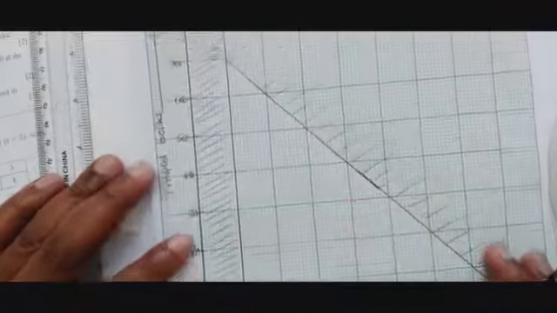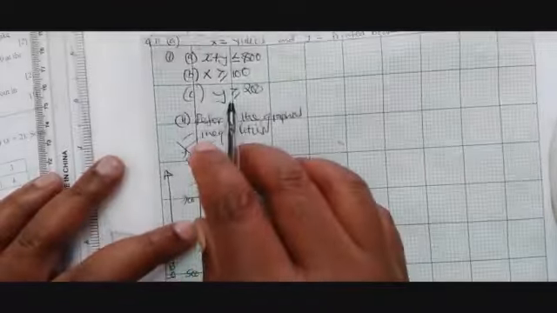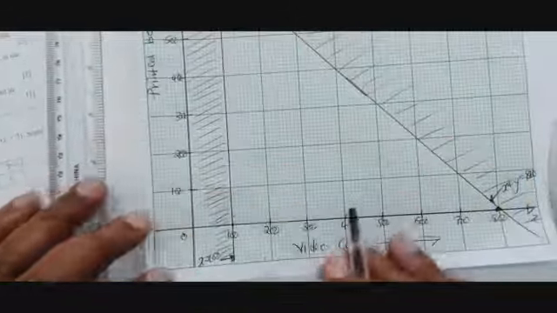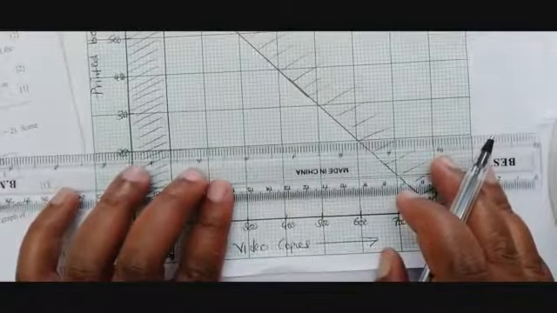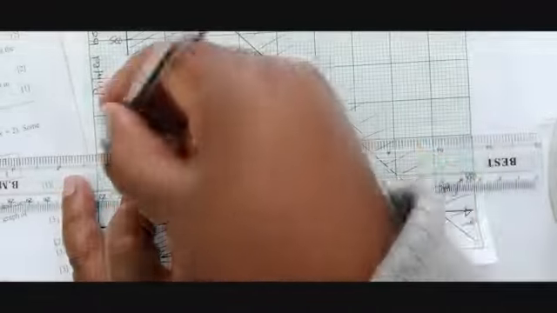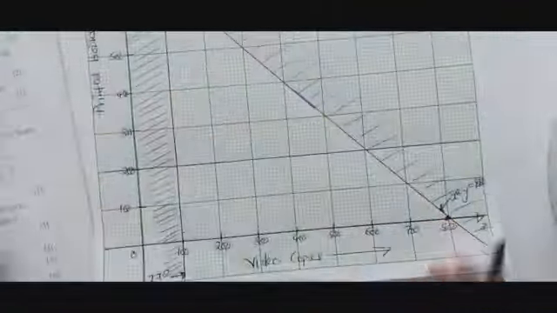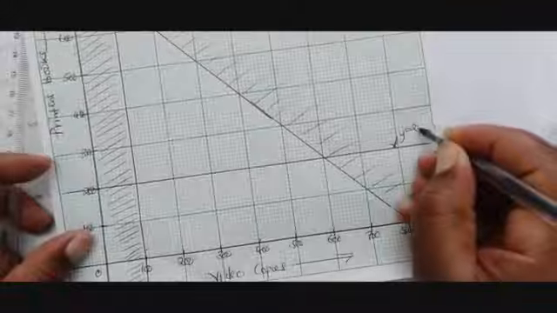Alright. The next one is y is greater or equal to 200. So go to the y-axis and draw a line passing through 200. And name this as y is equal to 200.